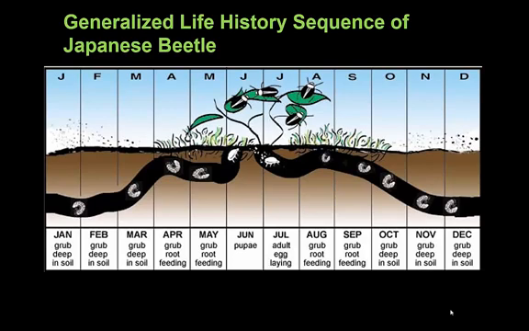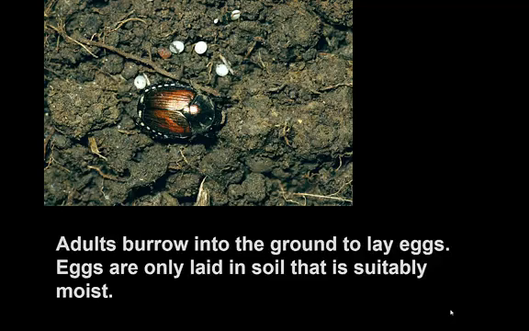The overwintering stage is larvae, the adults in this case coming out June, July, fairly similar to when we might see the masked chafers coming out, laying eggs in specific kinds of sites, and peak damage occurring in late summer and into September. So the eggs are going to be laid in the soil by the adults in small groups, and then they'll go out and feed and then lay some more eggs.